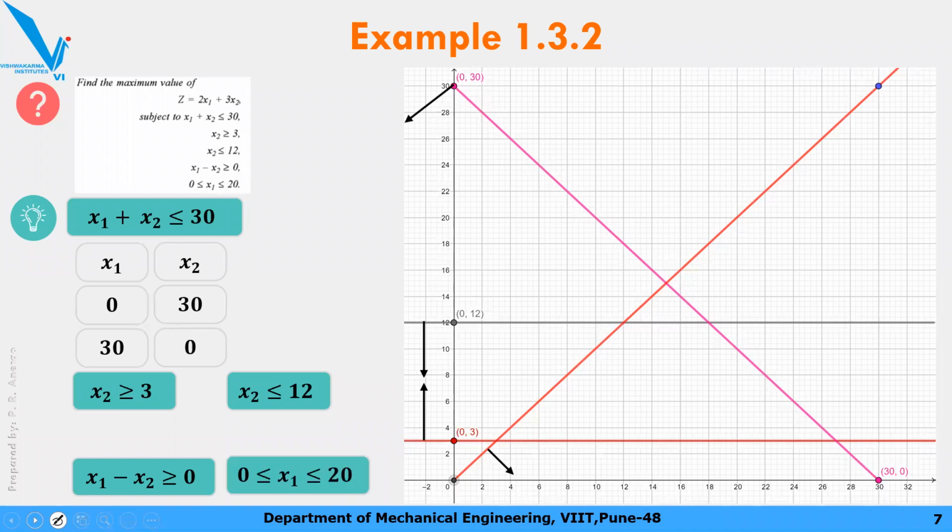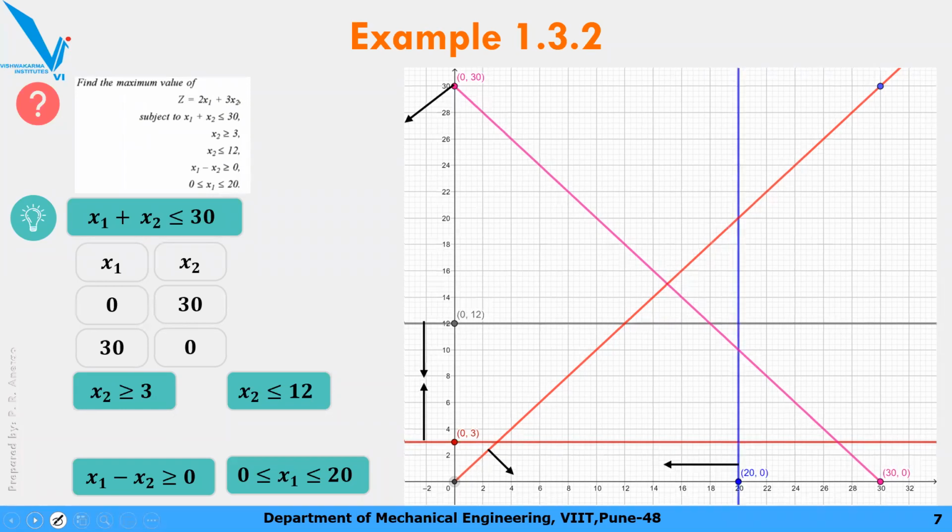Next one, x1 less than or equal to 20. Based on all these constraints, this is your feasible region and all 5 corner points.